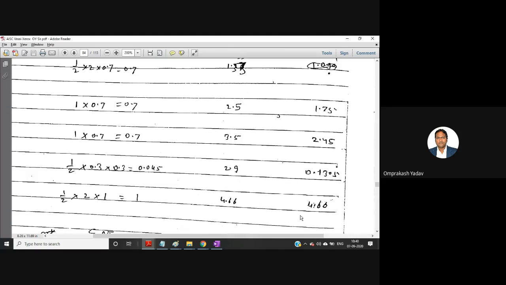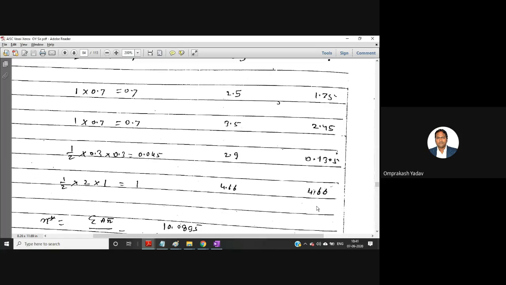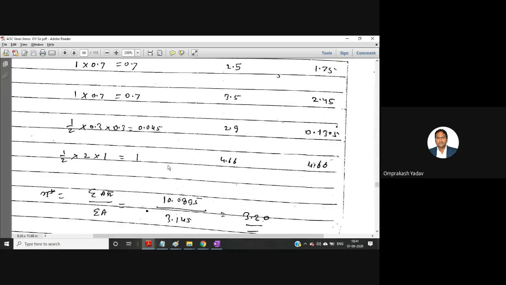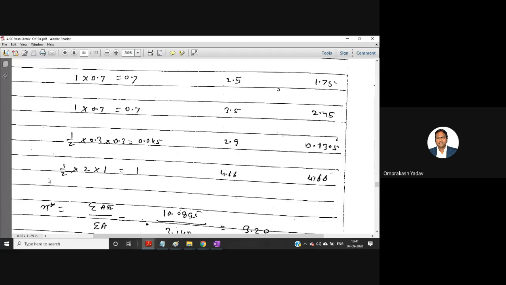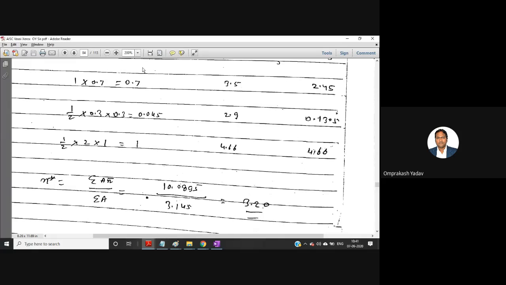So you can put one line over here and do the summation of this entire column. Similarly, calculate the summation of all the areas. Then simply divide this summation by the area summation. You will get something like 3.18. I don't know, you can check it.